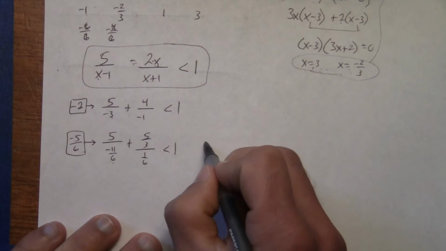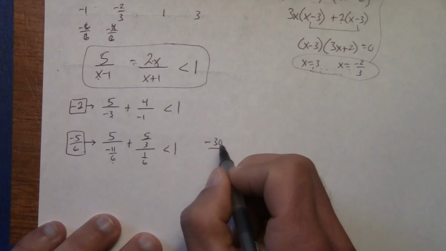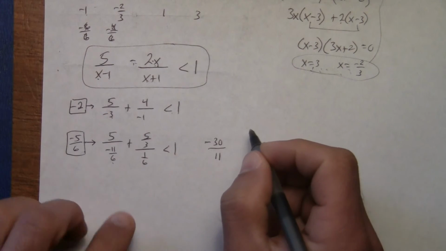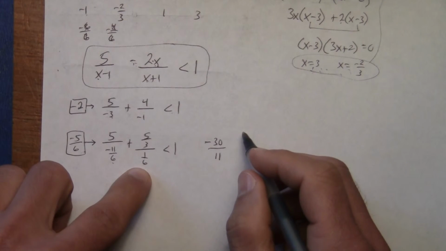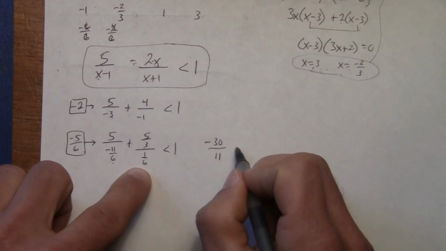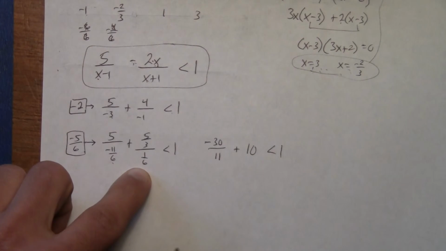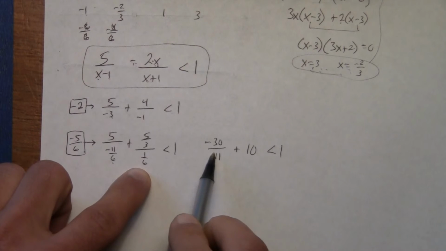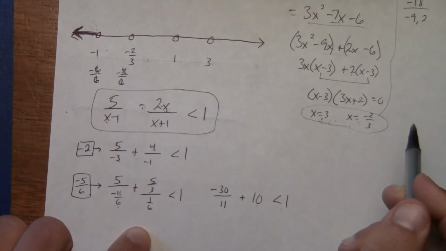Multiply by the reciprocal, that's going to give me negative 30 over 11. This one, if I multiply by the reciprocal, it's going to give me 30 over 3, or of course 10. And you're asking yourself, is that less than 1? That's pretty close to negative 3 plus 10. It's definitely not less than 1. It's bigger than 1, so I'm not going to shade that region.